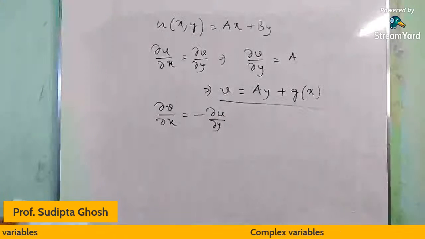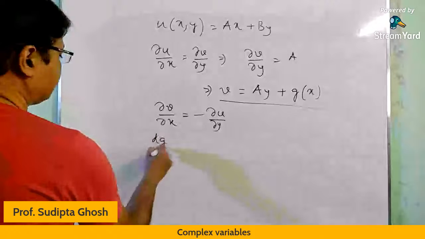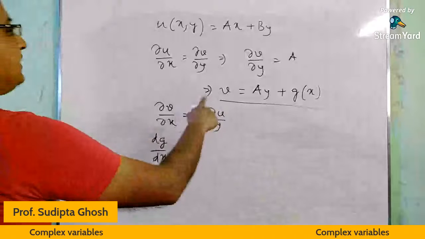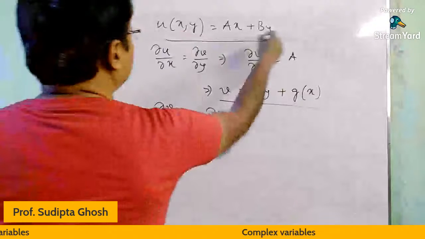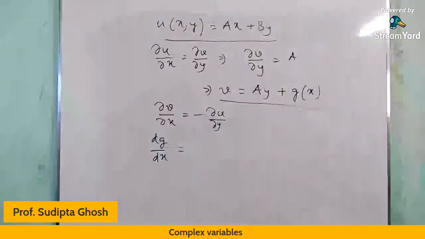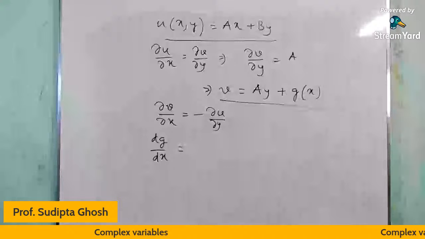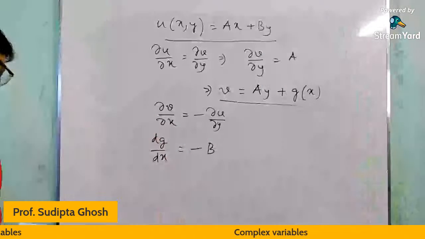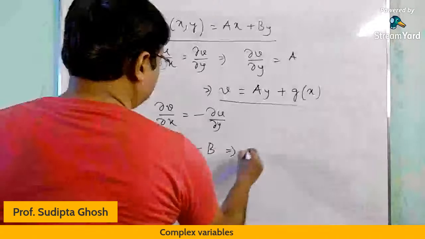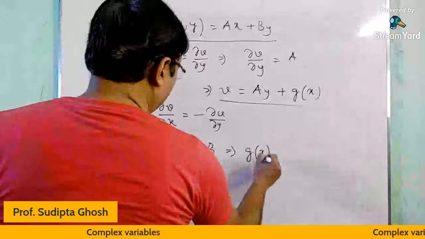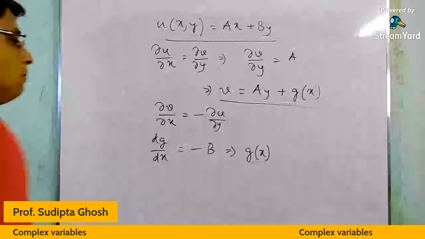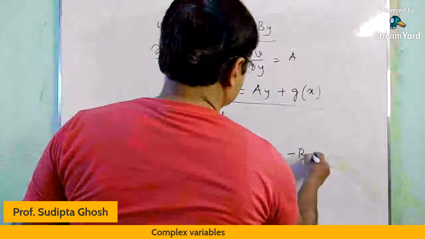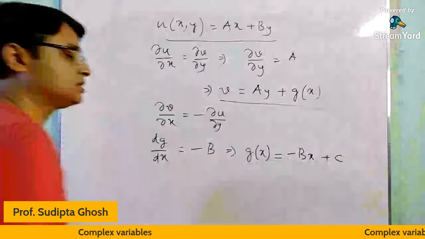So we get dg dx equals minus del u del y, and from the main equation del u del y is only b. So this will be minus b. If we integrate this equation we get g(x) equals minus bx plus another constant c.